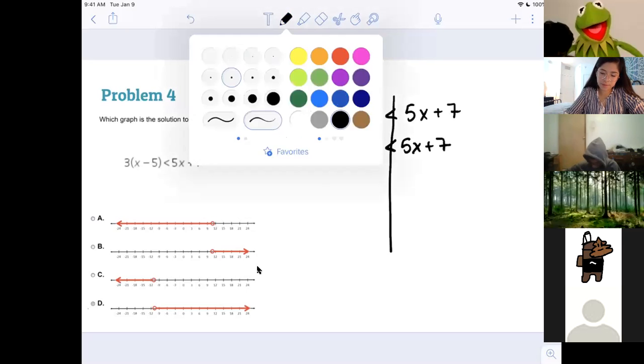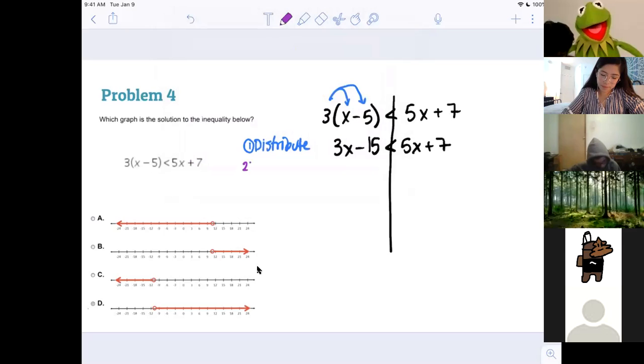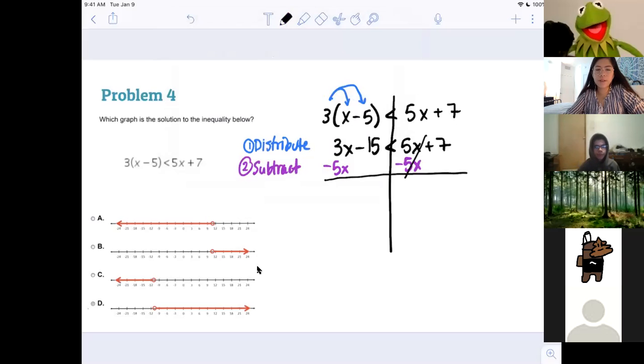Step 2. Subtract. Subtract what? 5x. Good. Minus 5x, minus 5x. Three minus 5. Negative 2x. Good.